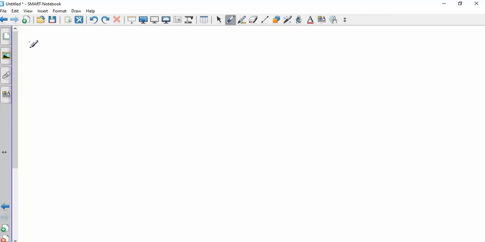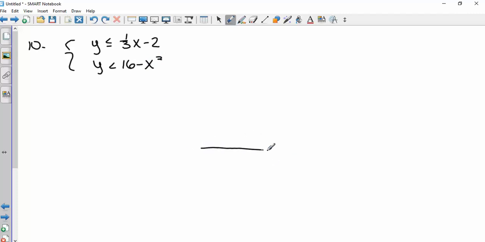Let's look at problem 10. So we have to graph these.